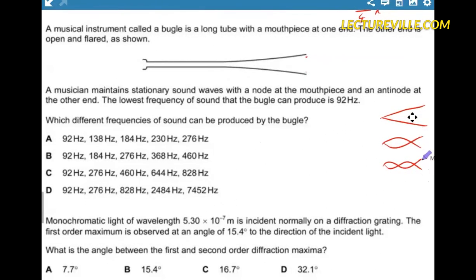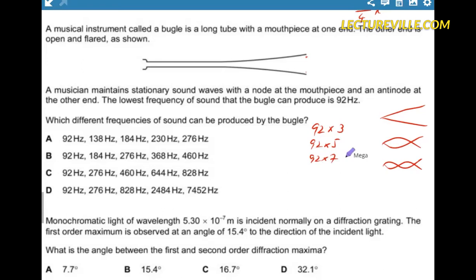Now, what is the frequency of this one? 92, and this frequency is 3 times more than that. This is 5 times. Next will be 7 times. So we can have 92, 92 times 3, 92 times 5, 92 times 7. So these are the possible frequencies.